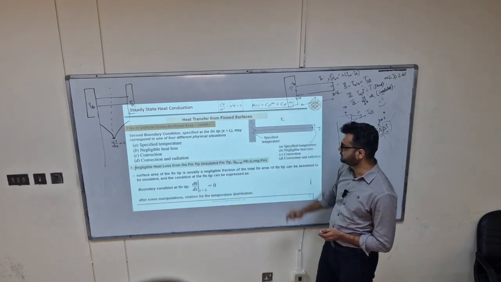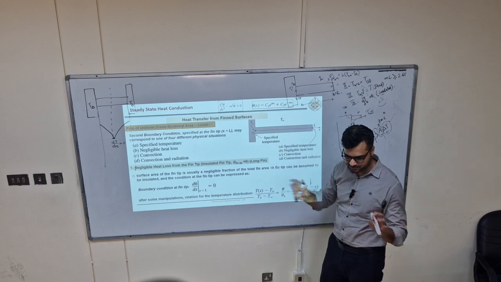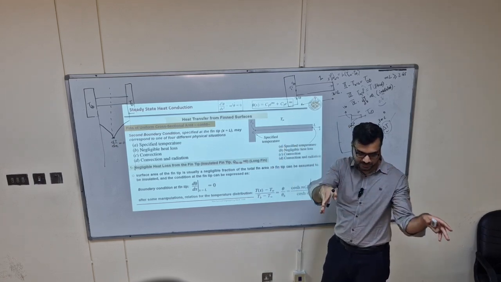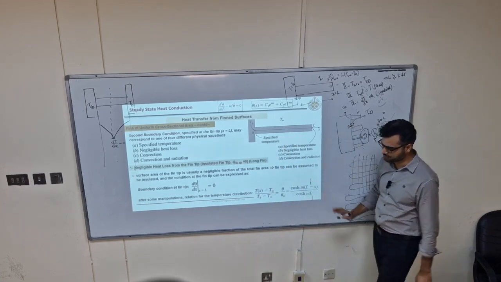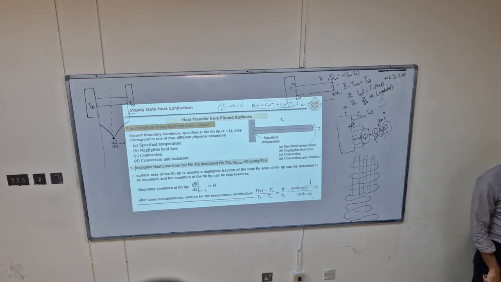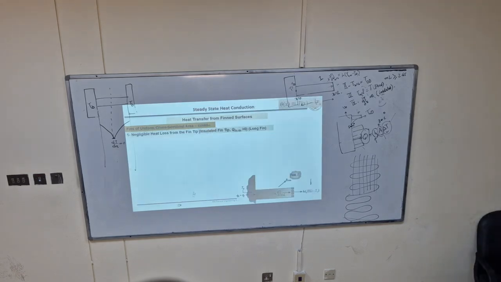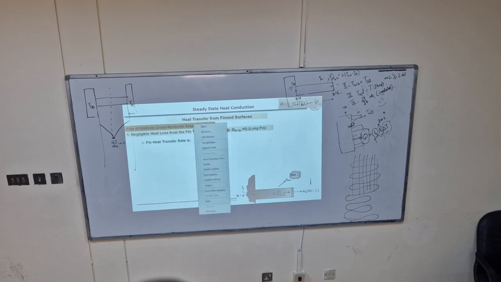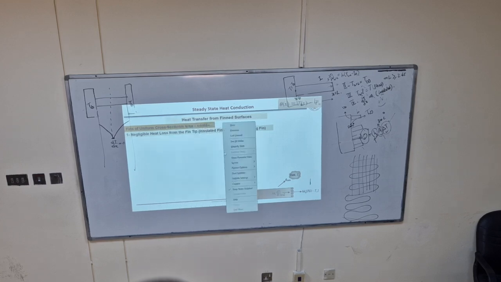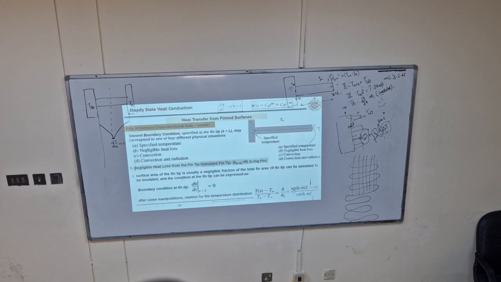The first boundary condition is TB, and after finding C1 and C2 and putting them in the general solution, you will get such an answer. And this whole derivation is here.